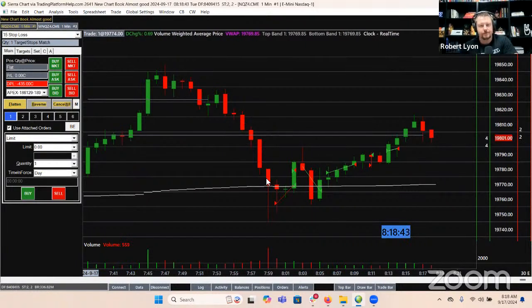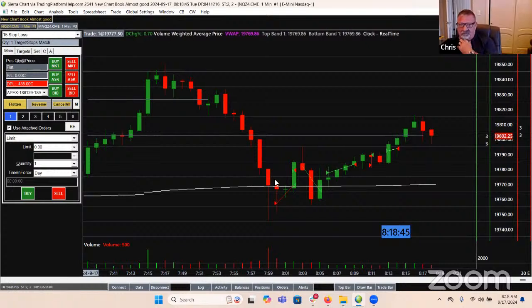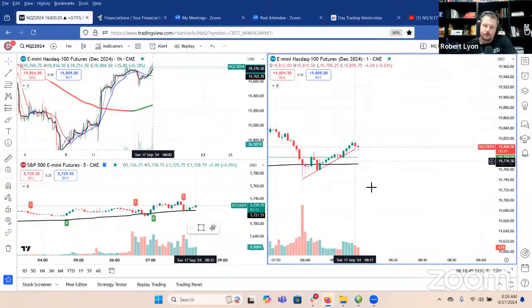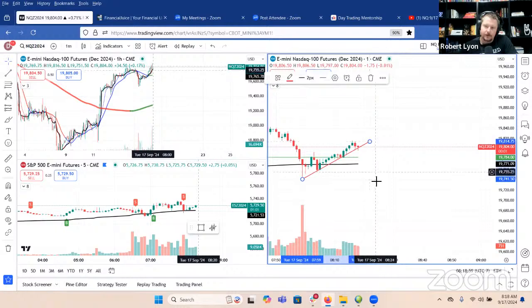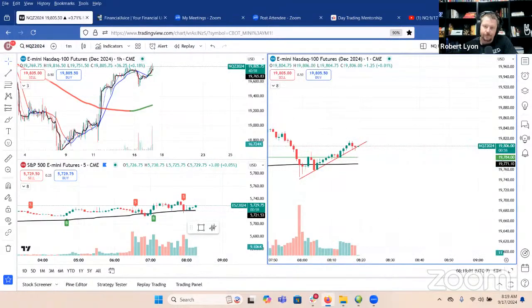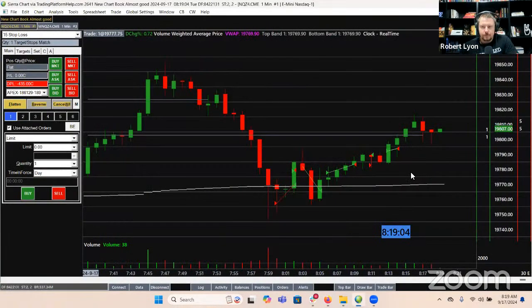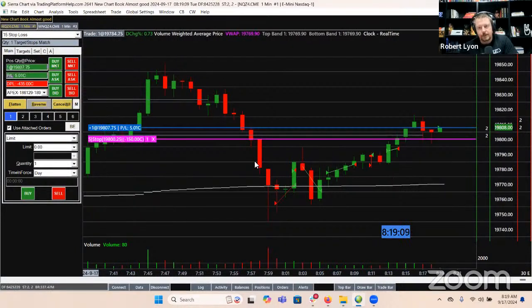Filled all these little fair value gaps. Let's see. Yeah, we kind of broke this little channel here too. Well, no, we'll wait for this candle to end. We'll see what happens. Hmm. Nope, wrong.